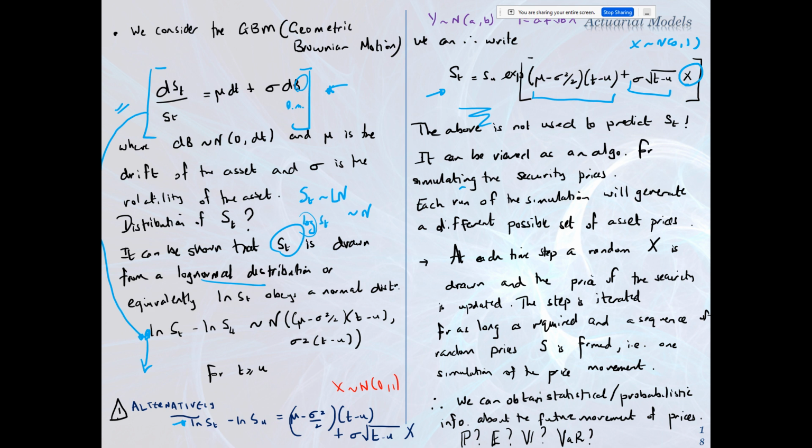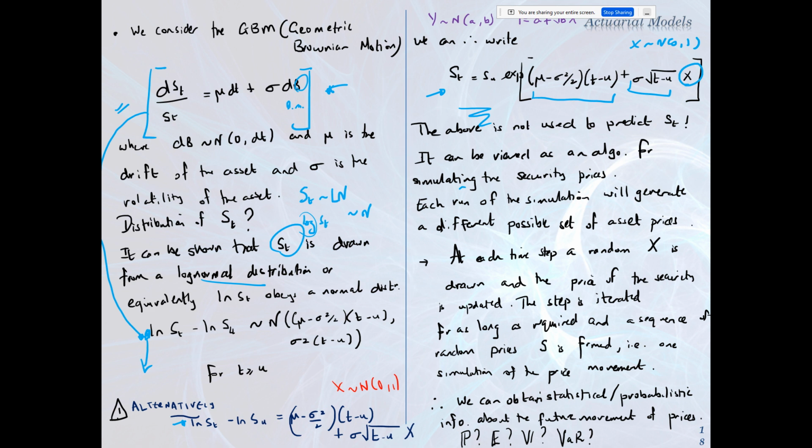So the above model is not used to predict S_t. We don't use this model only to do prediction for S_t. As I said previously, since it has a stochastic variable in its definition, I can't give only one value. It may be giving the worst case scenario or best case scenario, etc. So it is more used as a tool for simulating security prices.